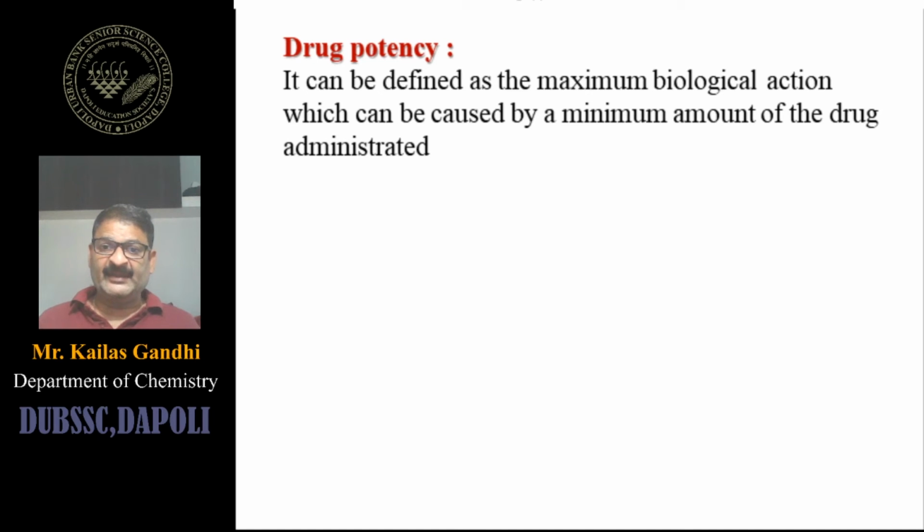Suppose I am considering drug A, drug B and drug C. Three different drugs are there. All these three drugs are showing analgesic action, means pain killing action. But for the pain killing action, the amount of drug A required is 500 milligram.